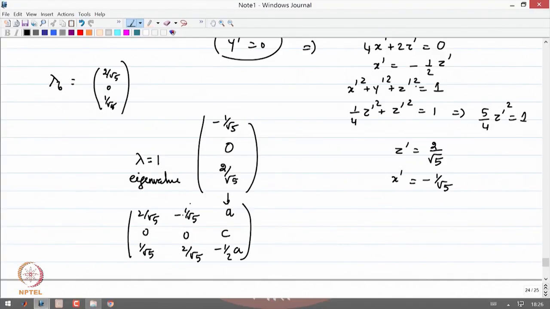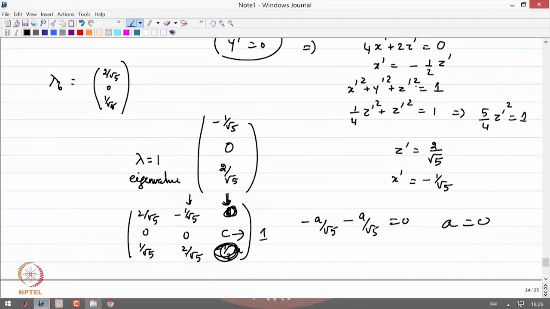Take the orthogonality of these two vectors: a into minus 1 by root 5 and then minus 1 by 2 a here. If you do that, then this gives you minus a by root 5, and multiplying the other elements we will also get minus a by root 5, which is 0, which tells you a is 0. Therefore, if this is 0 and this is 0, then you do not have a choice, c has to be 1.